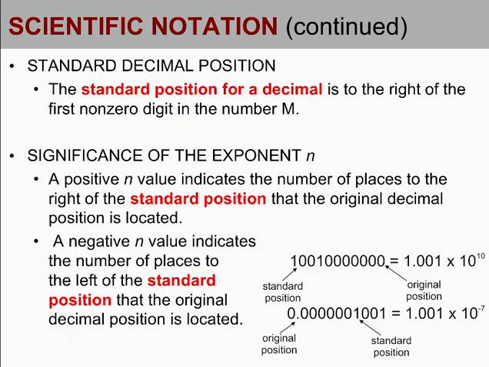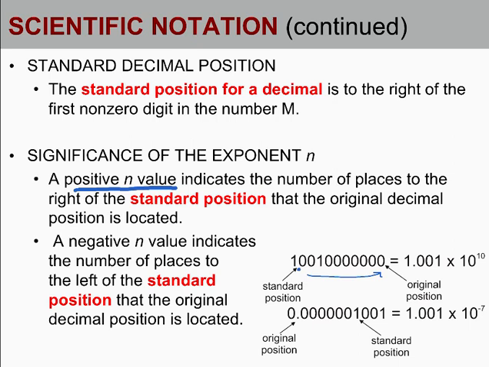So another way to think of that is if you have a positive value of n, that tells us the number of places to the right of the standard position that the original decimal position is located. That's kind of a confusing way of saying that the standard position is to the left of the original position.